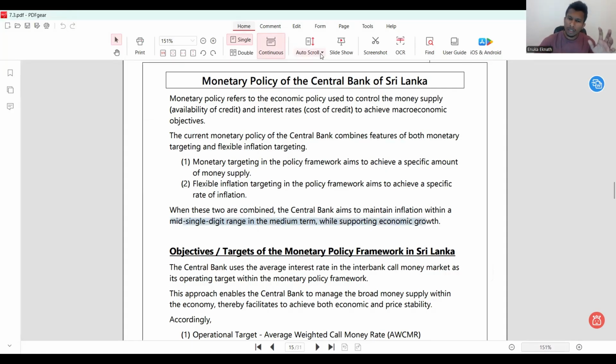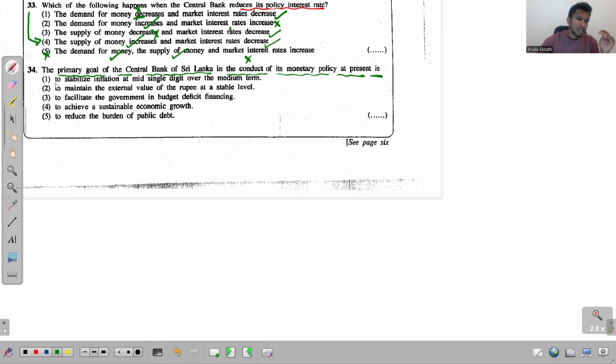So that's why I told you that these are theoretical things and we can't just change these. So the answer is the first one. It says to stabilize inflation at mid-single digit over the medium term. So that's the exact answer. So there can be only one answer for such questions. So no point of discussing the other options.